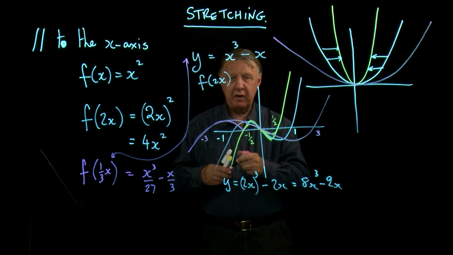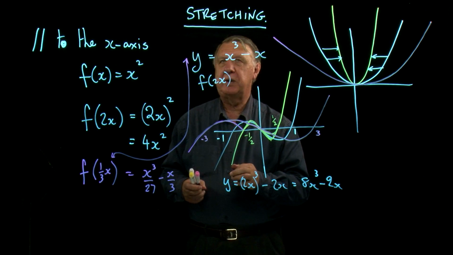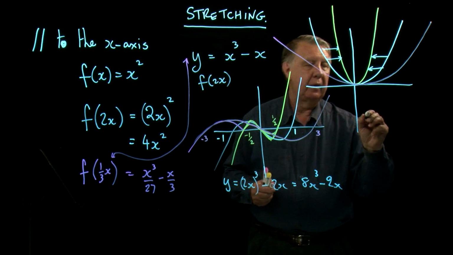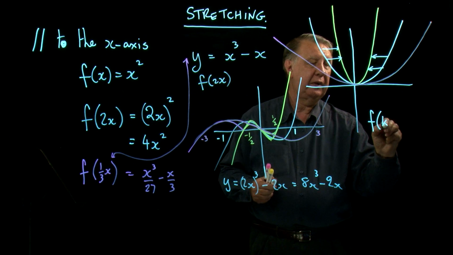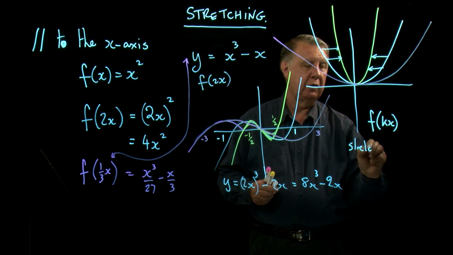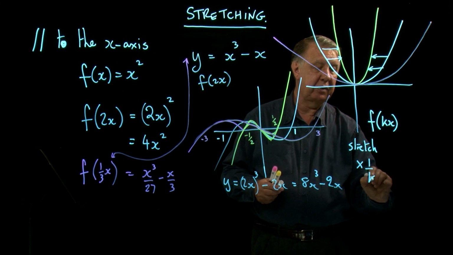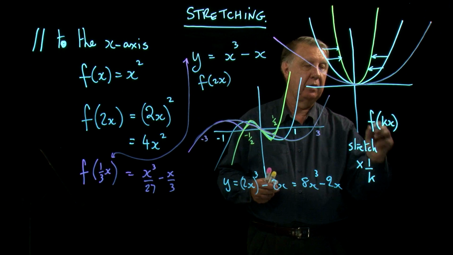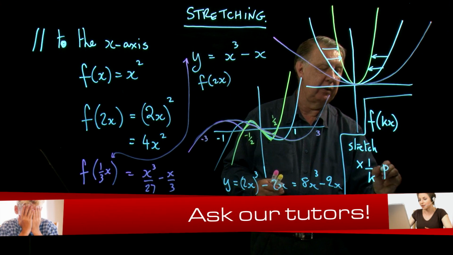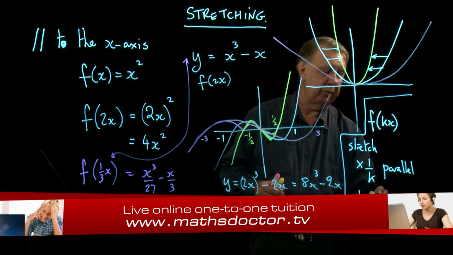And so here we have another one of these classic anomalies with the function rules, that function kx is a stretch not times k, but times 1 over k. Let's put it in a box, parallel to the x-axis.